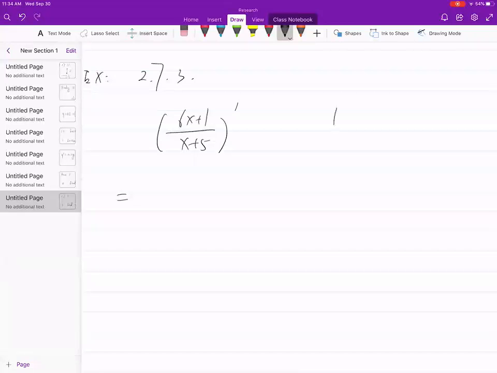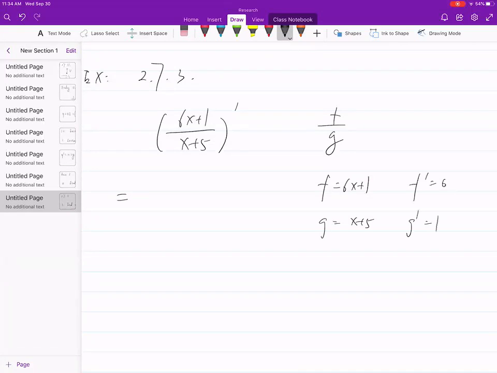This is f divided by g. My f is this. My g is this. My f prime is 6. My g prime is 1. Know the formula.